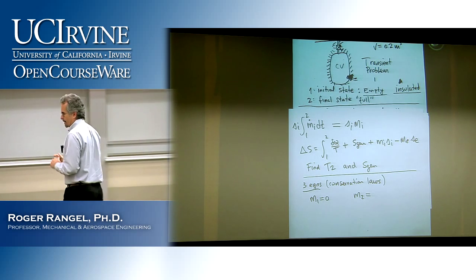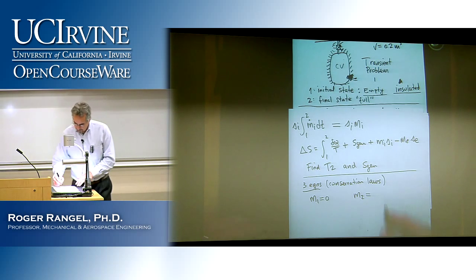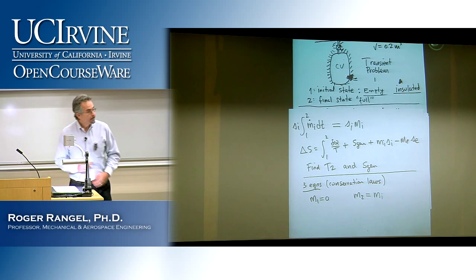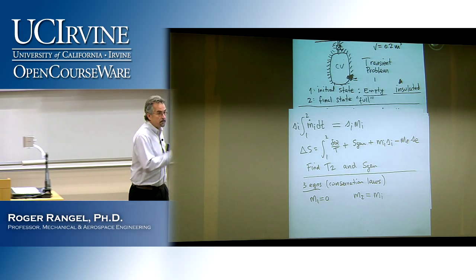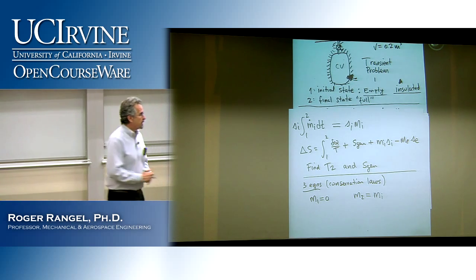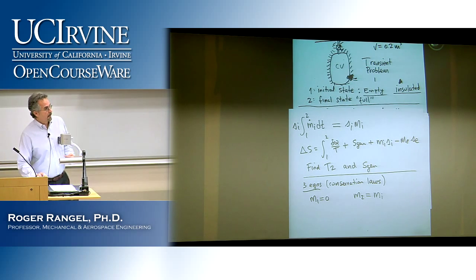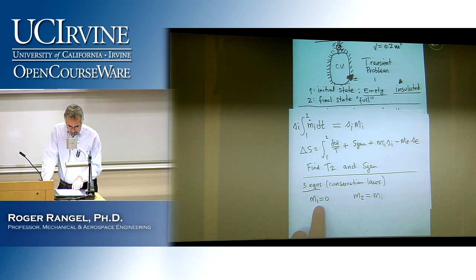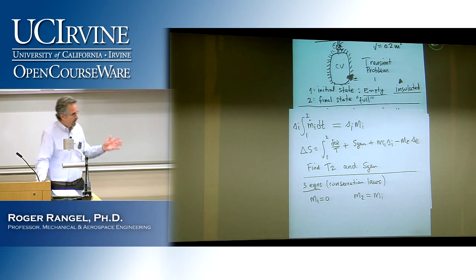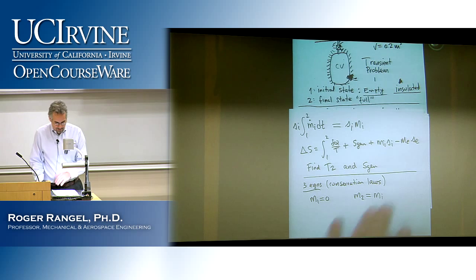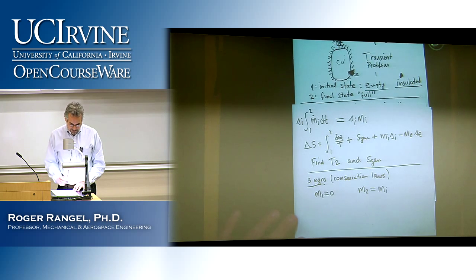Mi. That's what I wanted to hear. M2 has to be Mi. That's our conservation of mass statement. Final mass is the mass that comes in. If we had some initial mass, then of course there would be a difference, M2 minus M1. So that's our first conservation law.